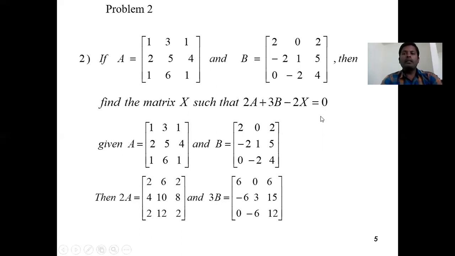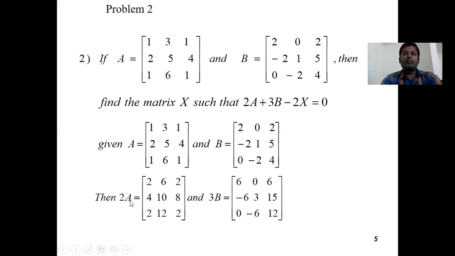A and B are already given. A is [1, 3, 1; 2, 5, 4; 1, 6, 1] and B is [2, 0, 2; -2, 1, 5; 0, -2, 4]. Then find again 2A.